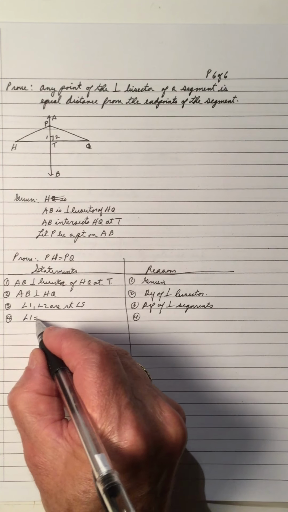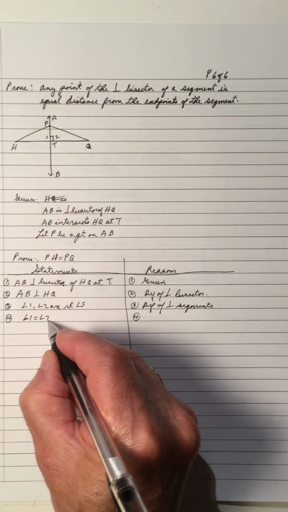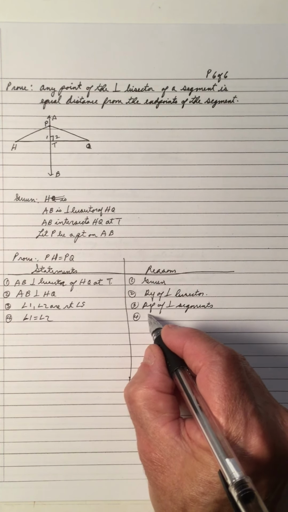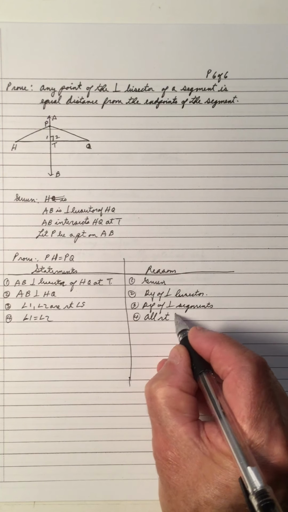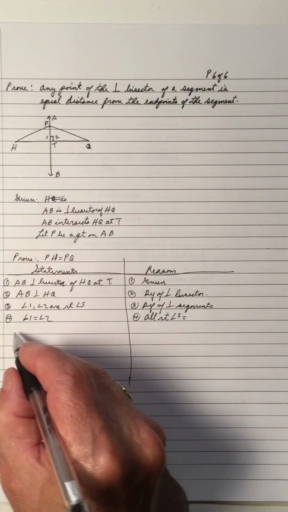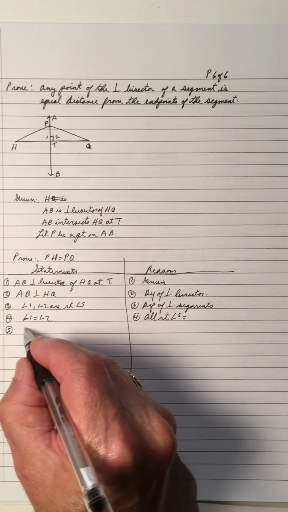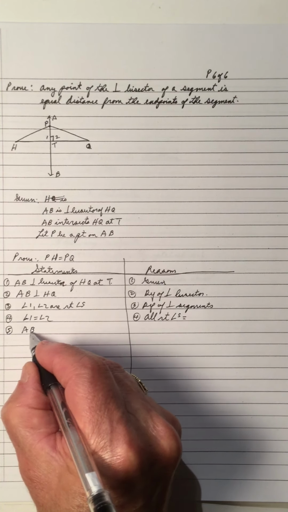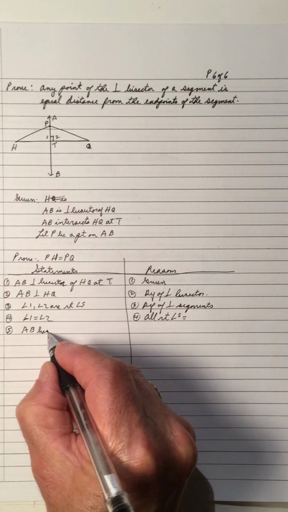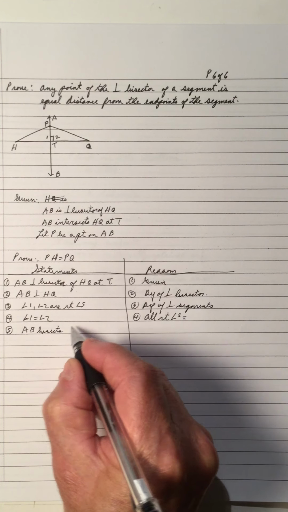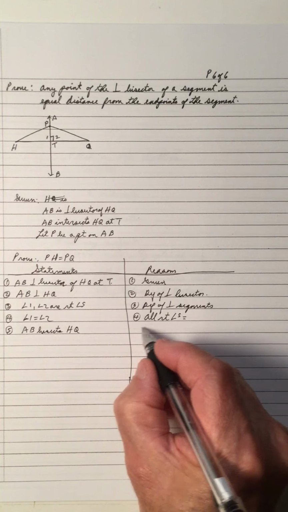Angle 1 equals angle 2, because all right angles are equal. And what else do we have here? We have that AB bisects HQ.